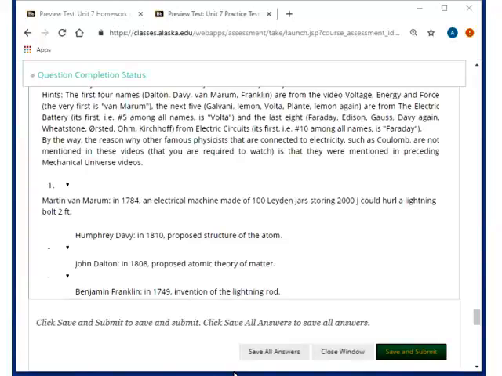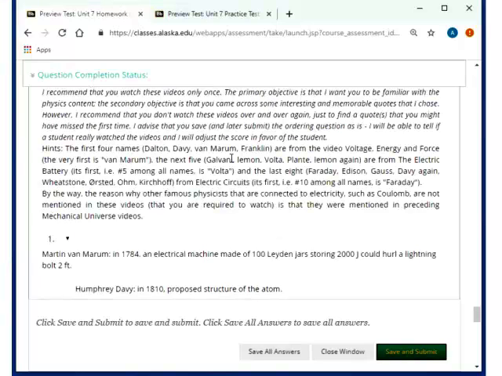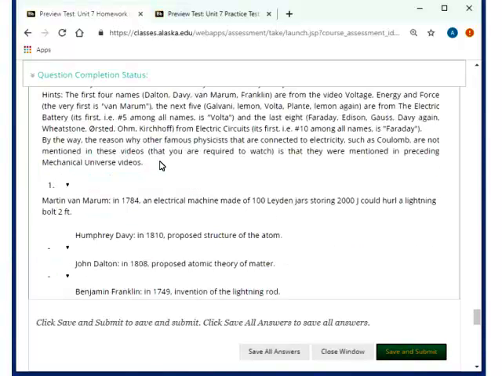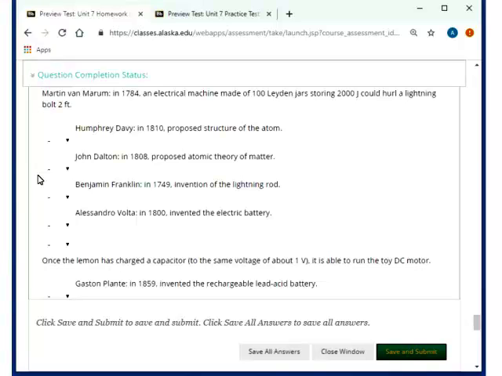Then let's see. You would have to look for the next 4, and then let's see what it says. The next 5, and again, are from the electric battery, so from the first one. So that means that once the lemon, let's see, correct order, lemon produces a voltage.